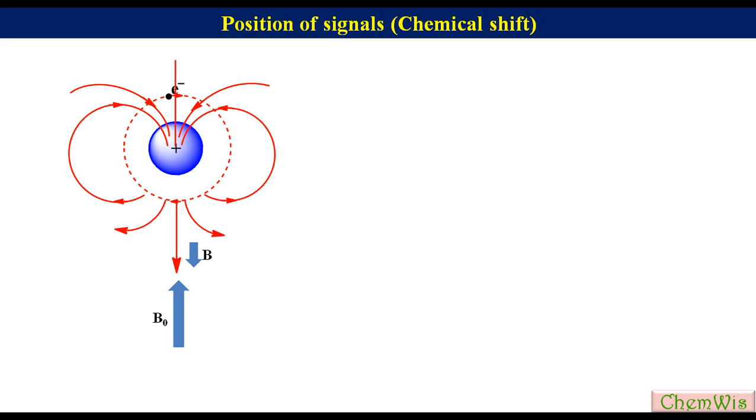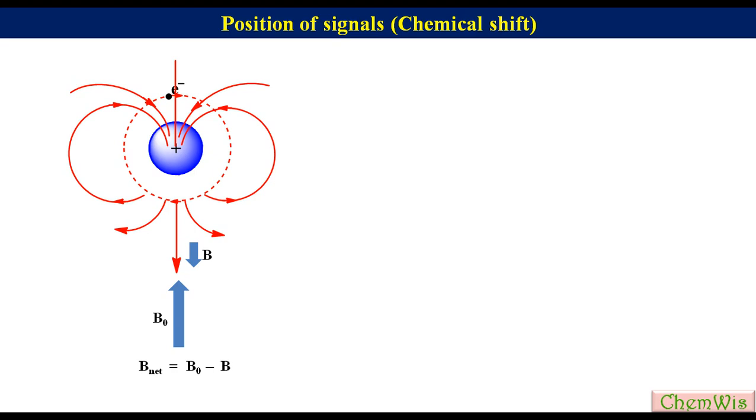Here we can see that the direction of secondary magnetic field is opposite to the applied magnetic field. So the net magnetic field experienced by the nucleus will be equal to B0 minus B.